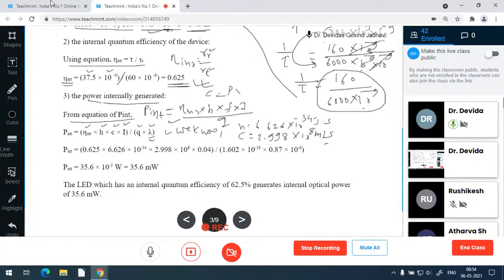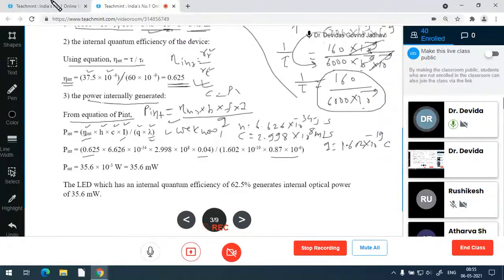And we also know Q, the charge on the electron, 1.602 into 10 raised to minus 19 coulomb. So we substitute these values, with eta internal calculated as 0.625, I given as 0.04, and lambda given as 0.87 into 10 raised to minus 6.